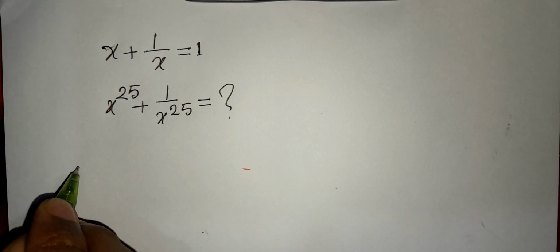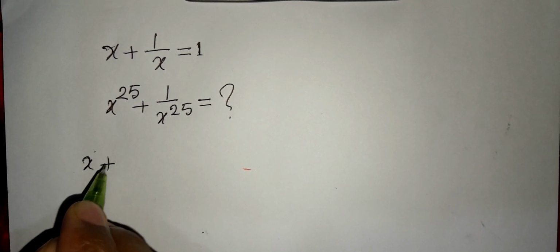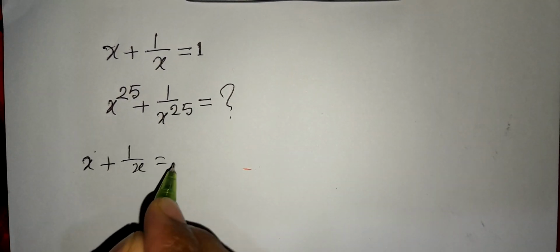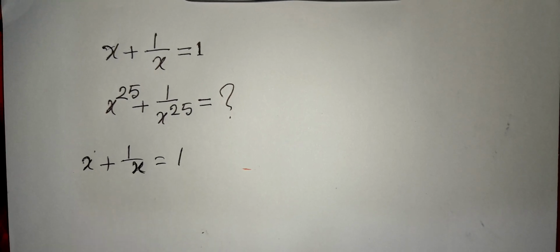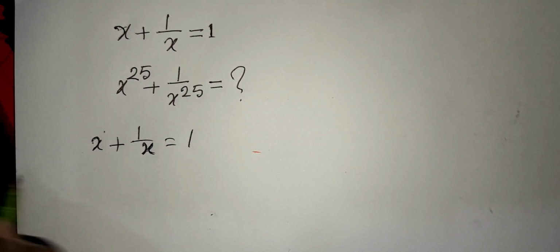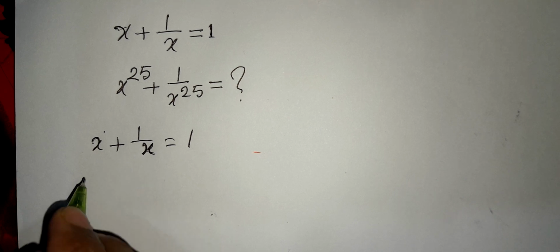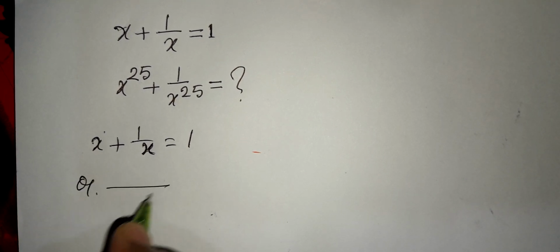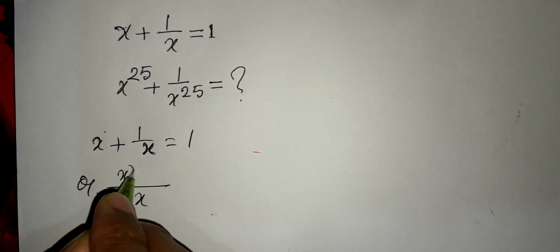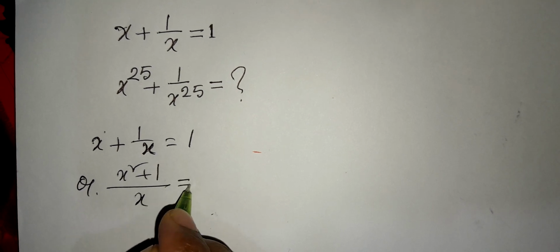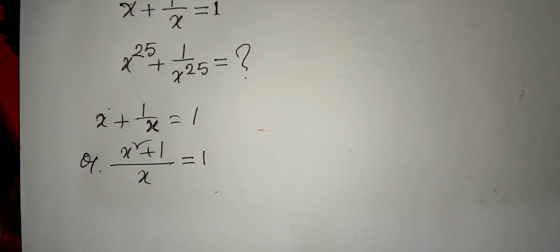We have x plus 1 by x equal to 1, and we simplify this: x square plus 1 equal to x.